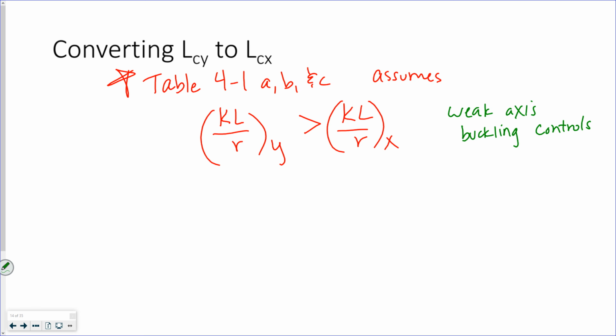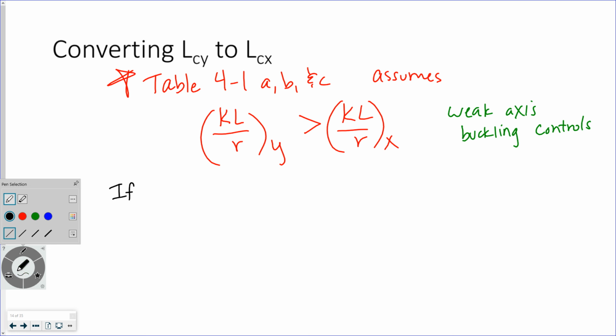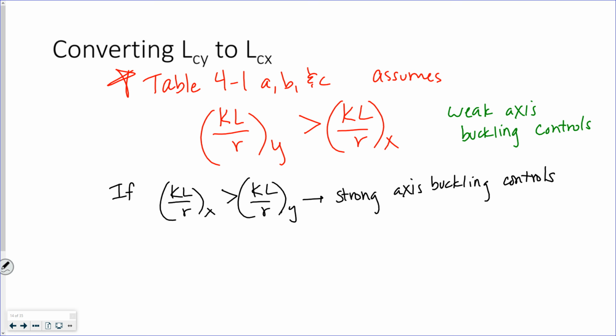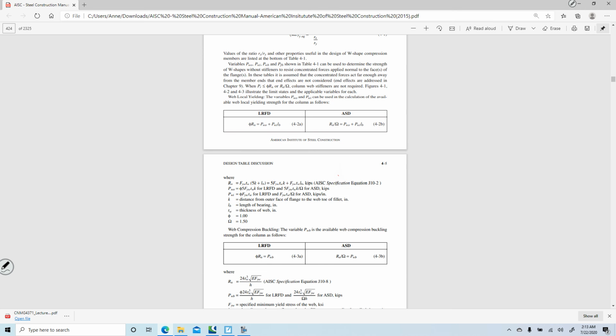But if your K and strong axis buckling controls, that means, but if I go to these tables, let's go to these tables and I'll show you what I'm talking about.